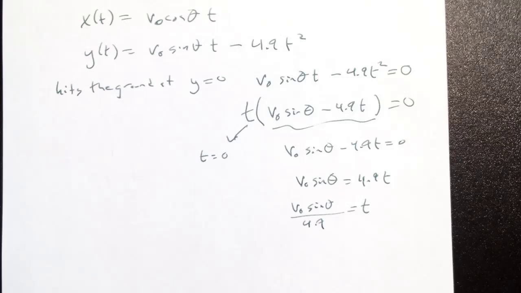How do I figure out how far I went? I want an x value. How far did I go? Plug this into x.